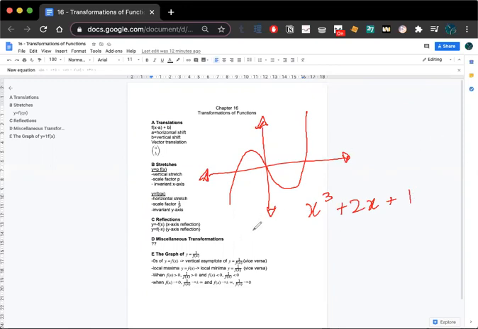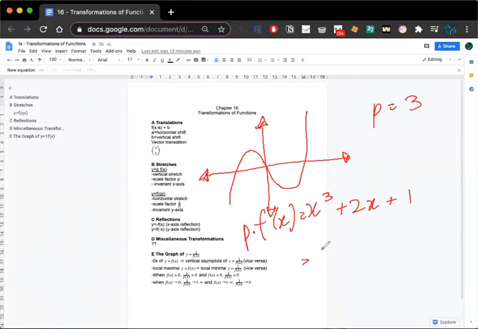Let's just say this is the function, and then you want to do a stretch here, times p, the vertical stretch. So let's just say p is equal to 3.